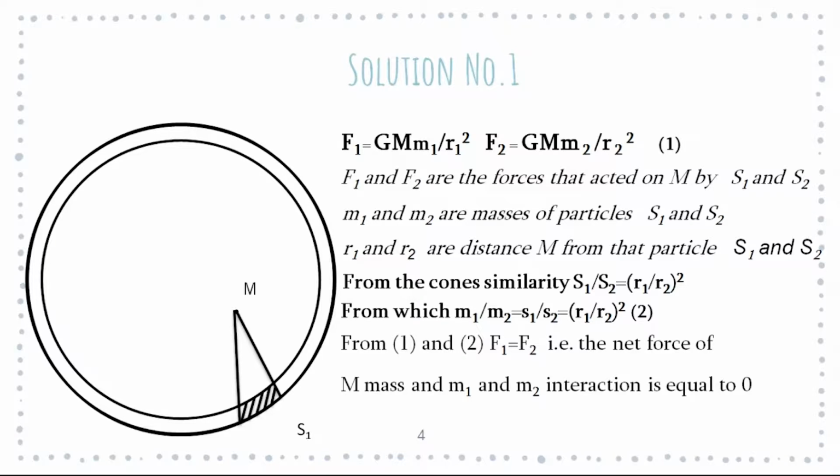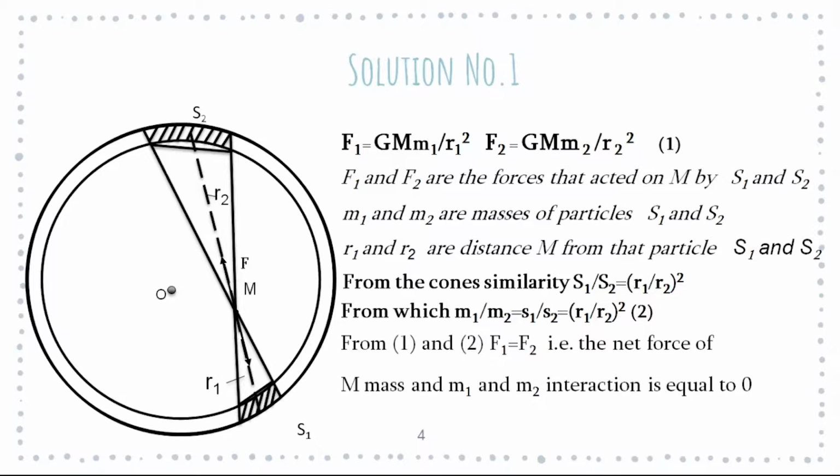Let's continue the cone until the intersection with the other side of the layer, which we label S2. We take S1 and S2 so small that in comparison with M we can treat them as point masses. Then S1 and S2 act on point M with forces F1 and F2, and these forces have opposite directions.